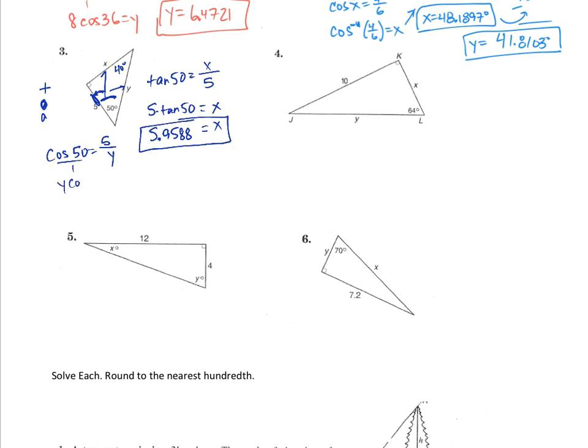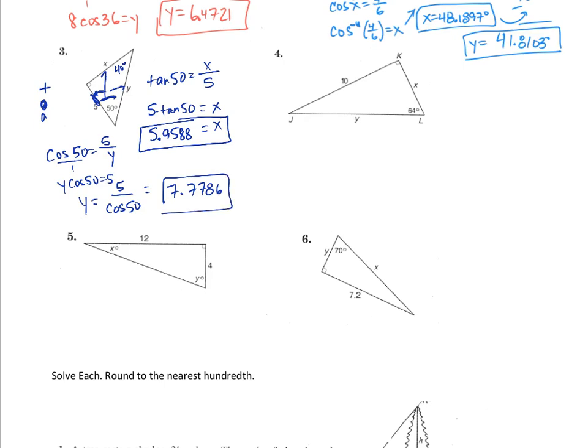You get y cosine 50 equals 5. So y will be 5 divided by the cosine of 50. And we do this on our calculators. 5 divided by the cosine of 50 comes out to be 7.7786. So we have x, we have y.